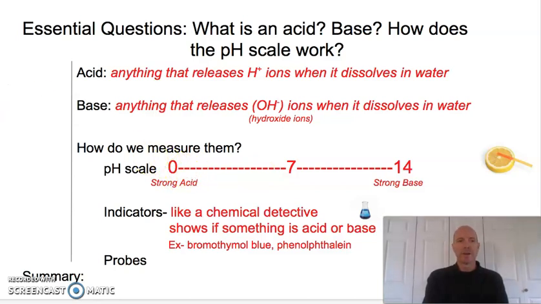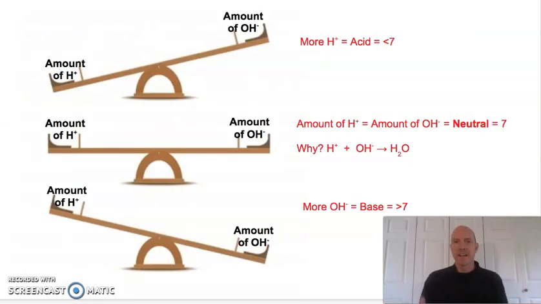Okay, and so check it out. You guys know what a seesaw is, like that playground equipment at the park that kids go back and forth on. If we have a situation where we have more hydrogen ions than hydroxide ions in a solution, in a liquid, it's an acid.